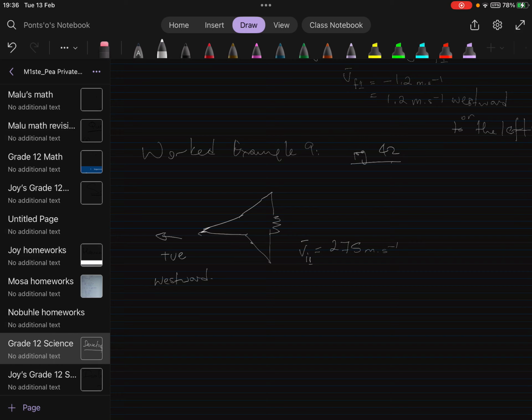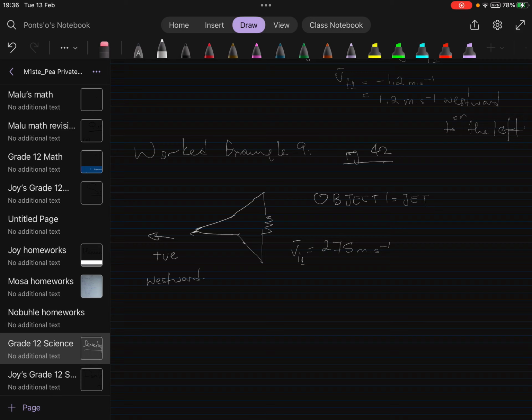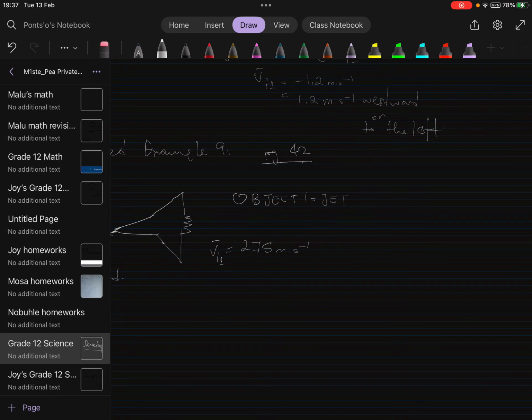And as it's flying at that speed, the pilot fires a missile forward, and that missile launches at a speed of 700 meters per second. So object 1 is a jet, and it has a velocity of 275 meters per second.